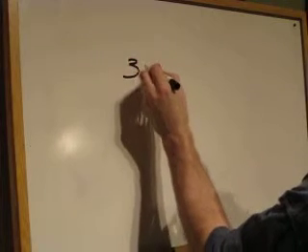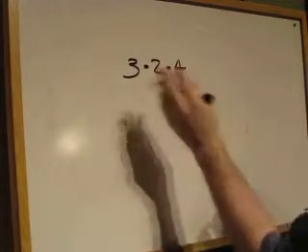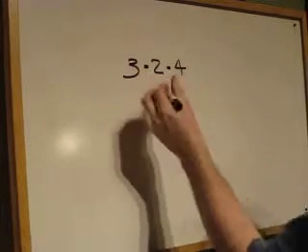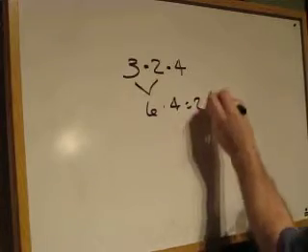Which brings us to the fourth property, called the associative property of multiplication, and that's where we get into multiplying lots of numbers rather than just 2 like we did in the commutative. What it says is if we have 3 times 2 times 4, we can multiply that as 3 times 2 is 6, times 4 is 24.